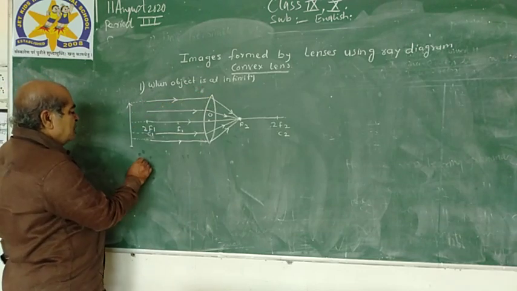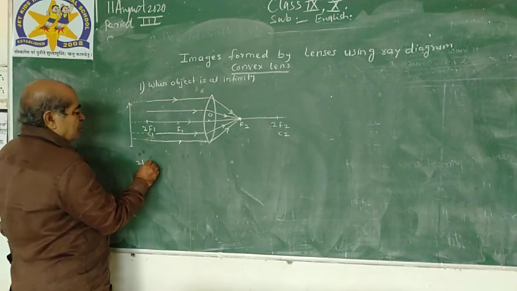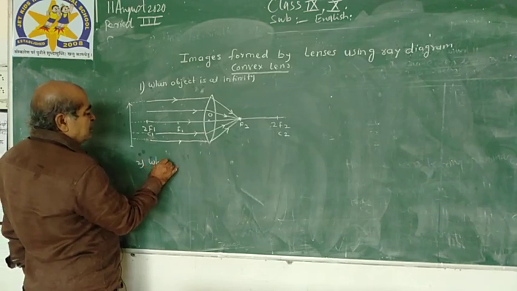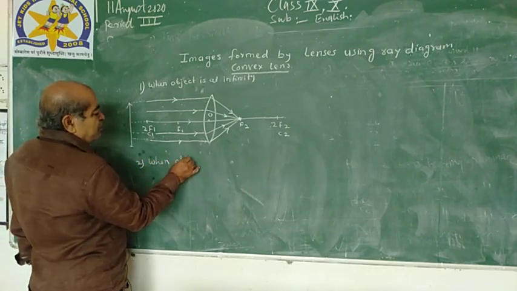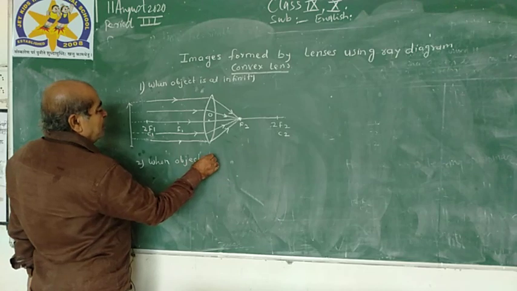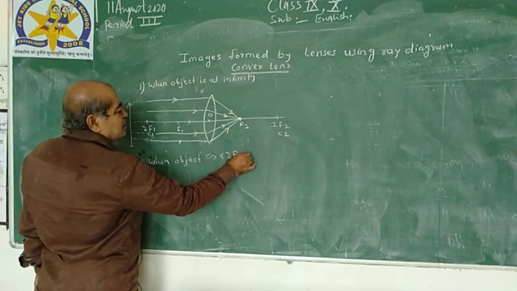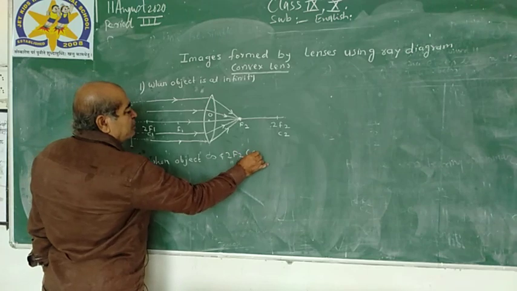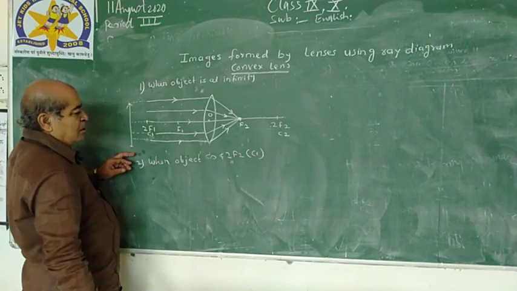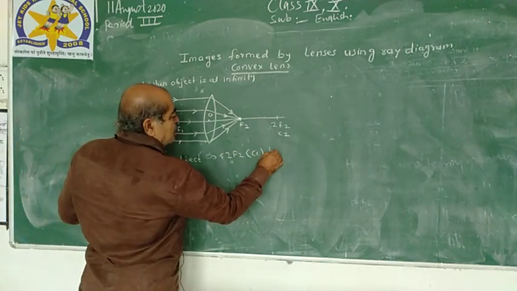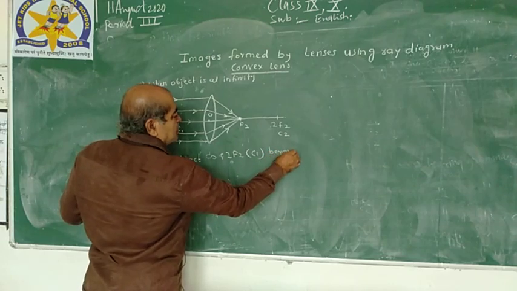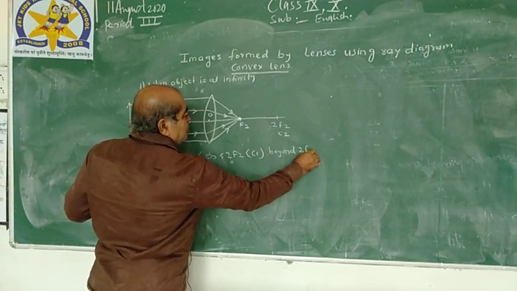Now the second position is when the object is between infinity and twice F2, means the center of curvature C1, or it is beyond the center of curvature, beyond twice F2.